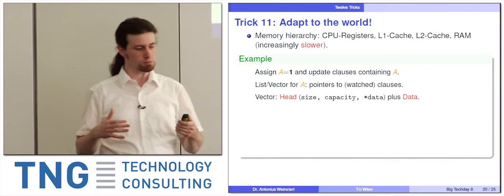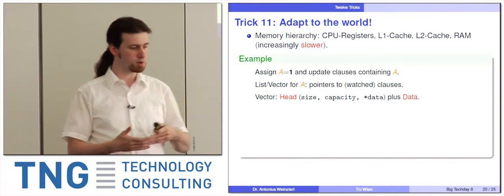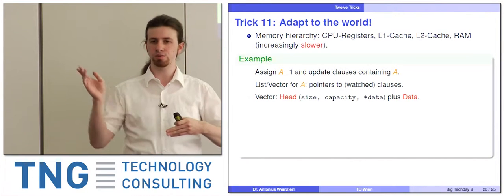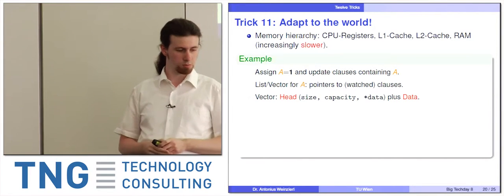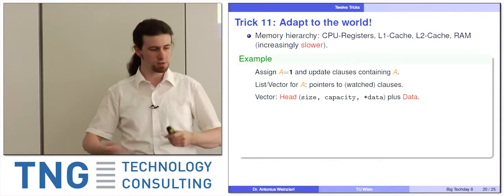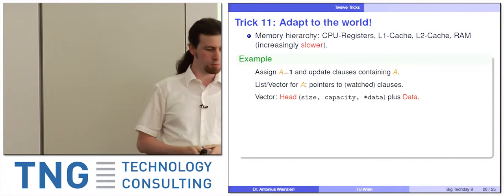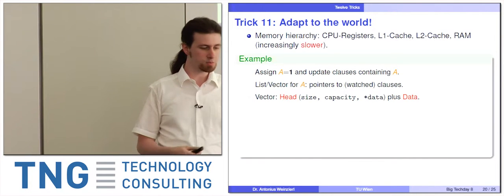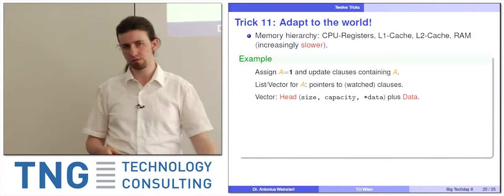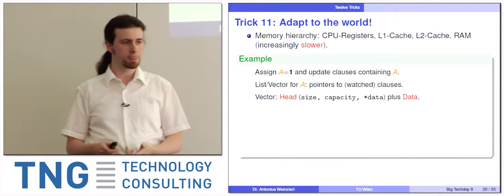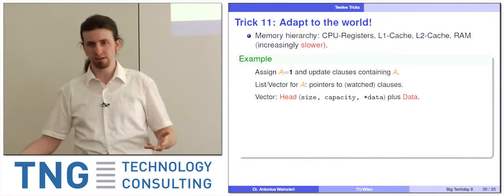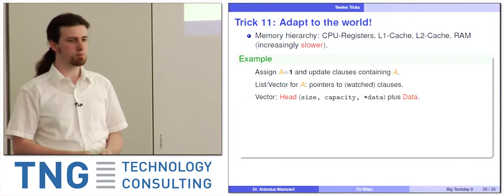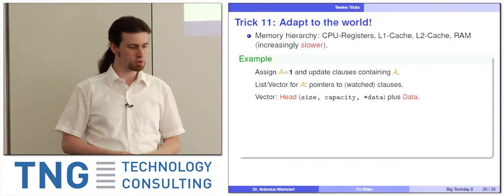So we will have in memory some list or a vector for all the locations where A is occurring, a list of pointers. This vector usually has a head and data. The head stores the size, the capacity, and a pointer to the actual data. The actual data is something we have malloc'd previously, where the pointers are stored.